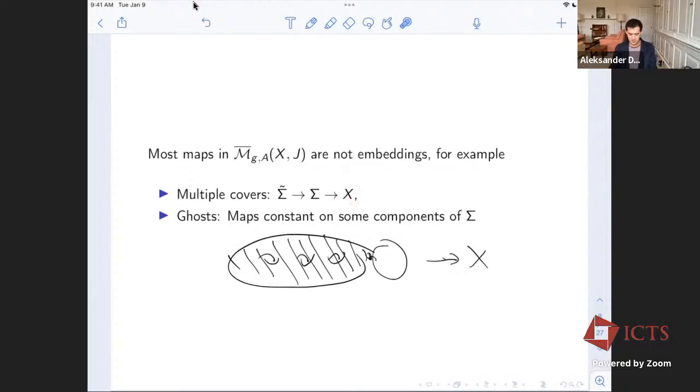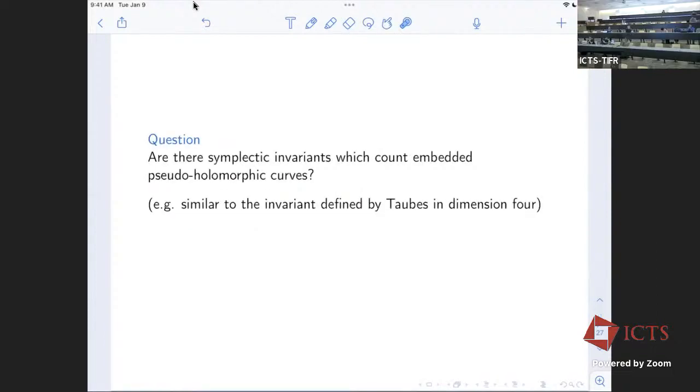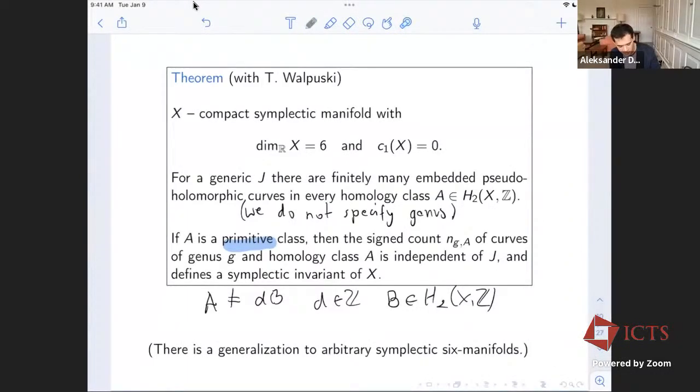But you said it's a primitive class, so the multiple cover doesn't happen, right? Yes, so sorry. There are two parts of the theorem. If you are primitive, then the multiple cover collapse doesn't happen. It can still happen that there is a collapse to the ghost. But this first statement is independent of the class being primitive.